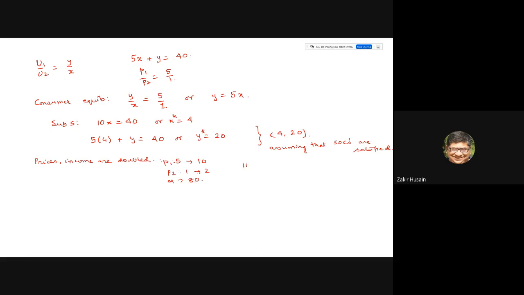So the budget equation is this, but the utility function is the same. What is the equilibrium condition now? Same, sir. সেম থাকবে। Others?